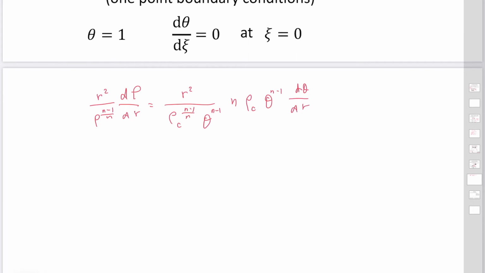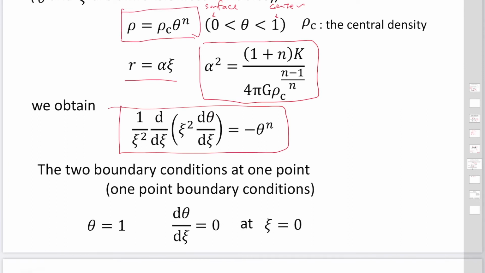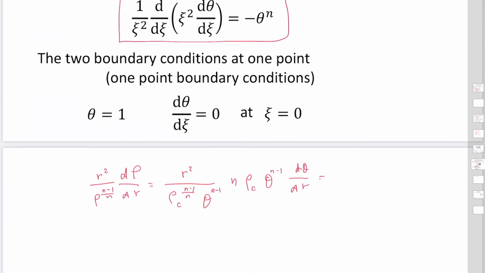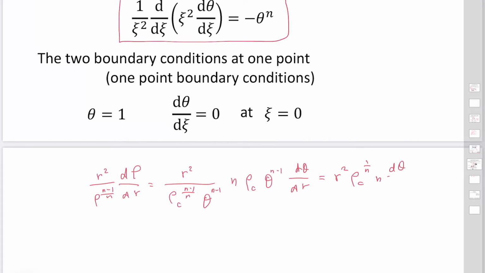We substitute this expression for rho. So you will get this expression. It becomes equal to r squared rho sub c to the power 1 over n, n d theta dr. Theta to the n minus 1 is going to be cancelled out.